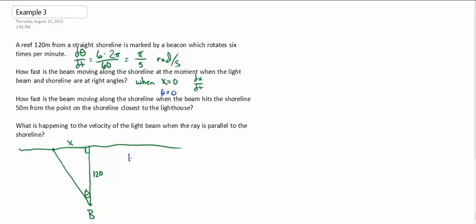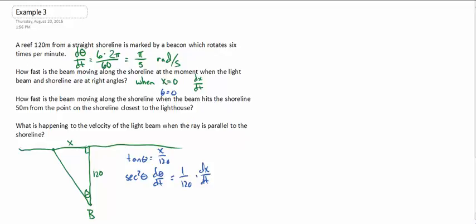Well, it's a tangent relationship. Tangent theta equals x over 120. Let's take the derivative. Secant squared theta d theta dt equals 1 over 120 dx dt. There's our derivative.